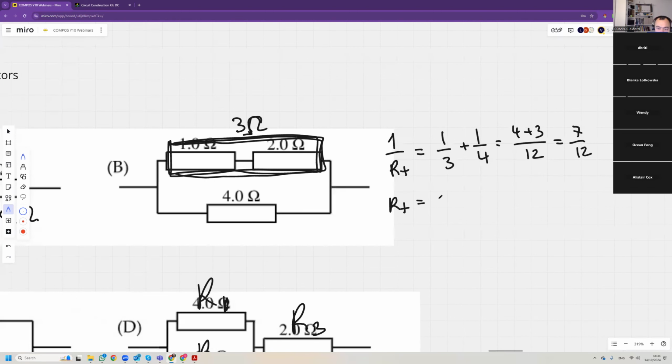So R total is 12 over 7 ohm, which is approximately 1.71 ohm. You can see that the total is 1.7 ohms, even if you have a 1, a 2, and a 4, and together they make 1.7.